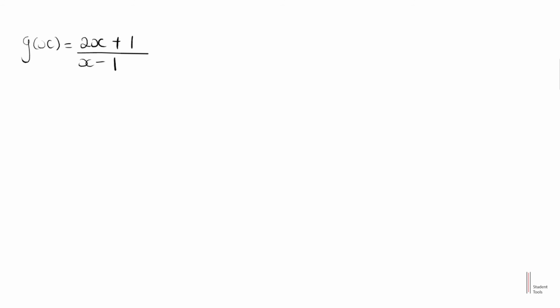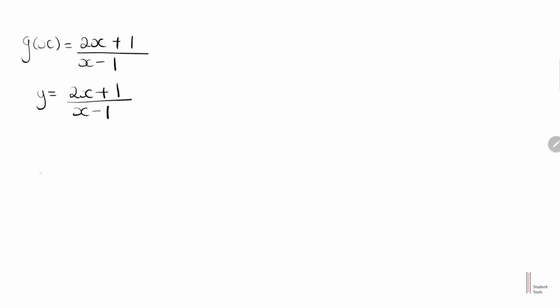So how do we find the equation of the inverse of g? So first let us write the equation of g as y equal to that. So y will be equal to 2x plus 1 over x minus 1. So this is the equation of g, and we want the inverse. So to get the inverse, we have to interchange y and x.